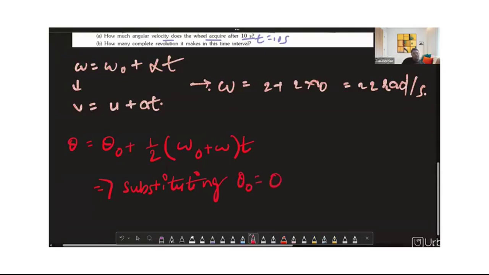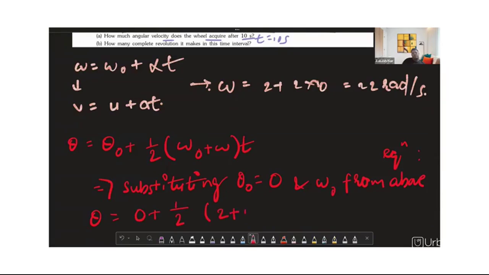Because the initial position is 0, substituting the values, this will be 20, this will be 12. 12 into 10 will be 120 and half of 120 will be 60 radian.